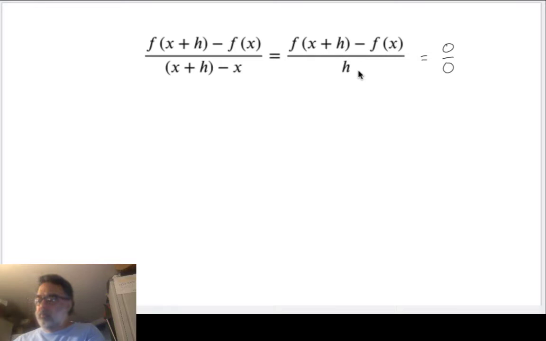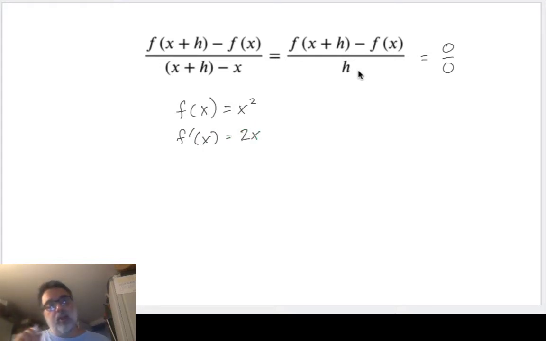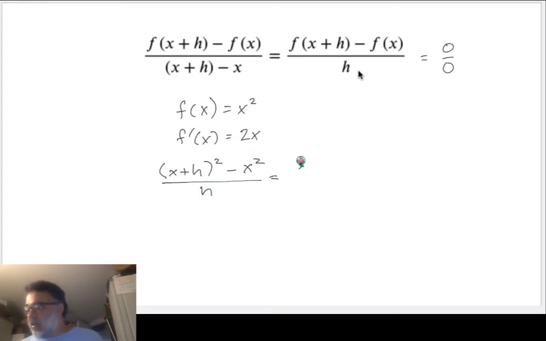So if we think about this, right? So if we think about one of our favorite derivatives, then we could look at it in this way and see what happens, right? So we'd be saying f of x plus h is just squaring, and we subtract the f of x, and we're dividing by h, and we do the expansion on this.